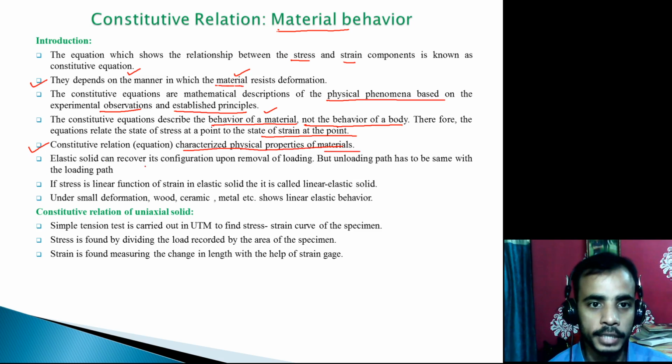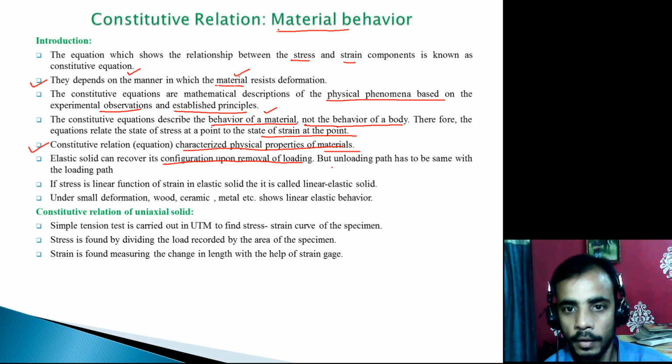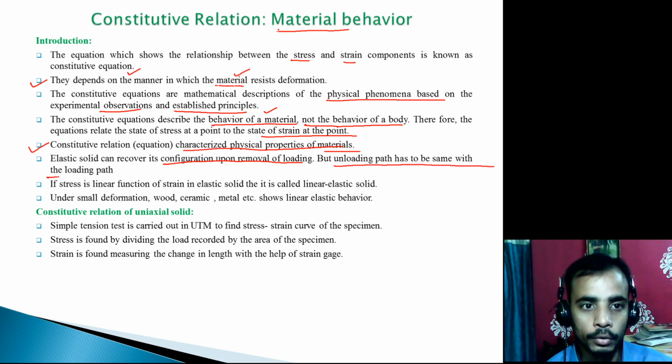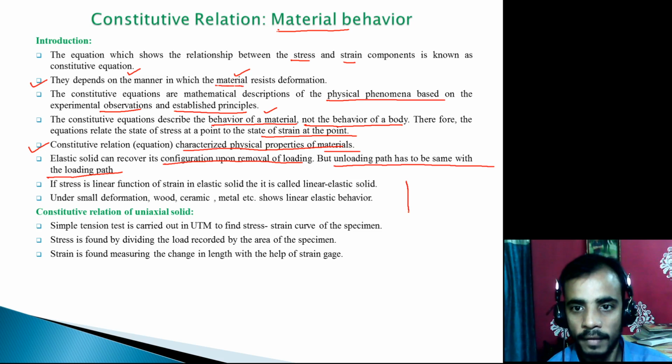An elastic solid can recover its configuration upon removal of the loading, but the unloading path must be the same as the loading path. Suppose you have a deformation like this, then this is the loading path. In this direction it is stress, and along the x-axis it is strain.